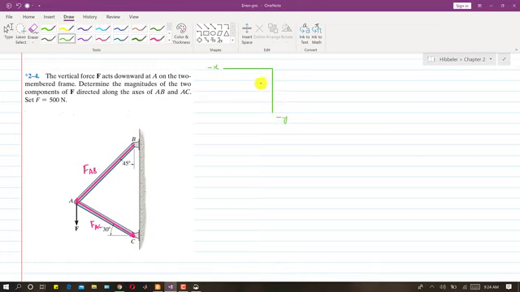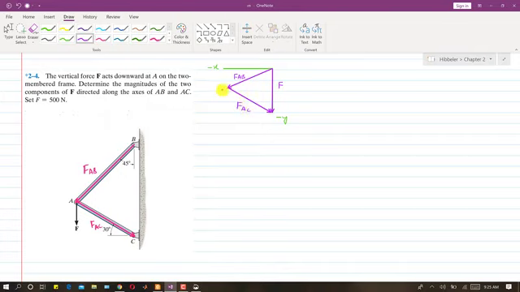Let's suppose this is the force F, which is vertically acting downward, the resultant of these two components. And this is FAB. By the head to tail rule, this should be FAC.